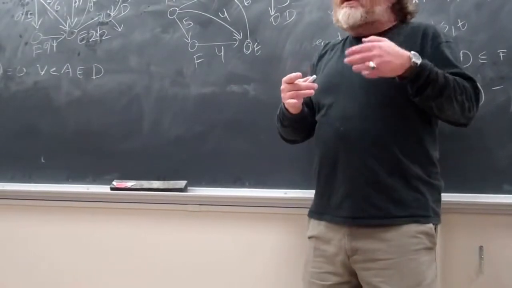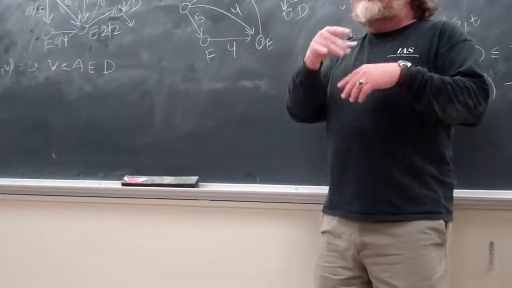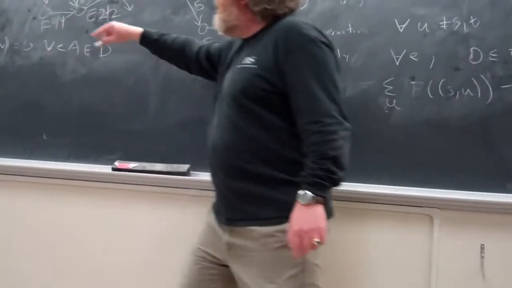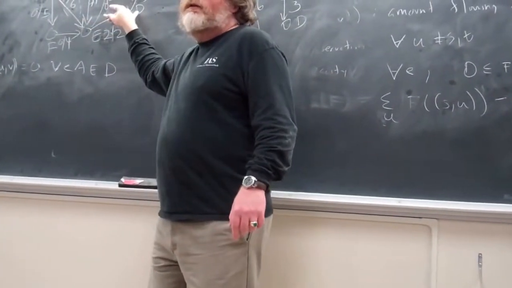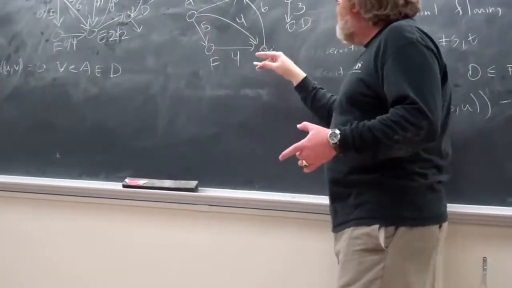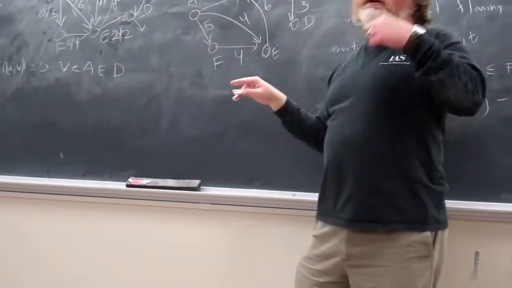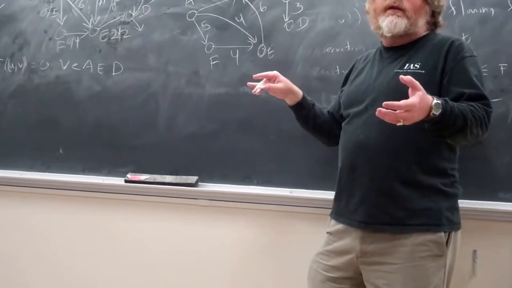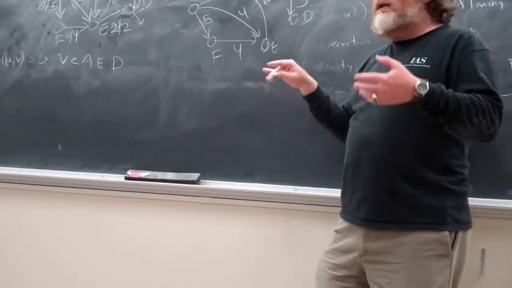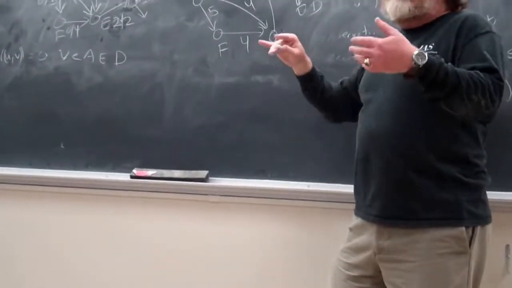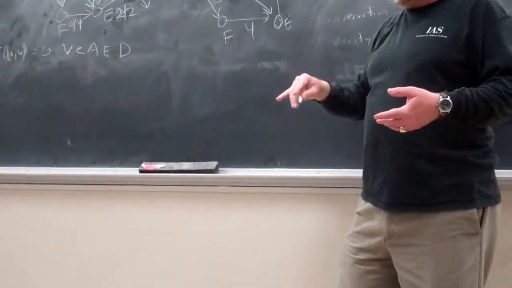Okay? So how can we represent that we're allowed to change our mind about sending these 2 units of flow along these edges? We're going to put in edges that represent changing our mind, reducing the flow along those edges. Now, in this case, it might not really help us, but we'll put in those edges anyway.